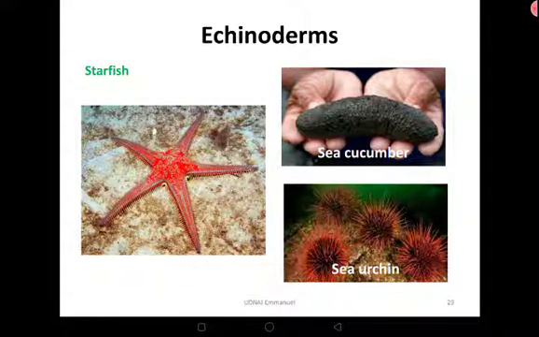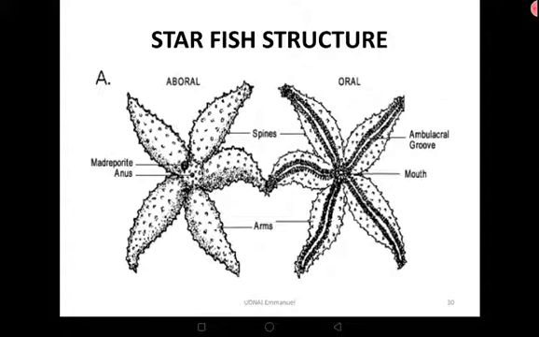So we have there the beautiful starfish. Why is it called starfish? It has the shape of a star. And then we have the sea cucumber there, and then the sea urchins.